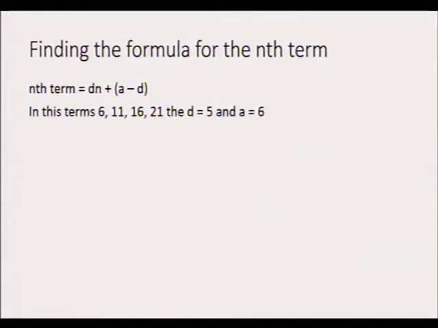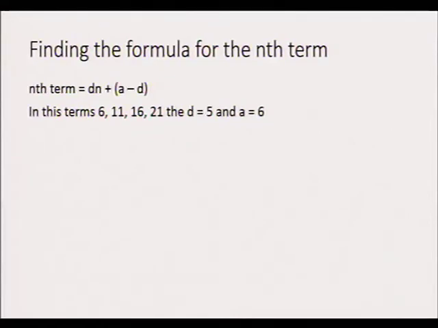So for you to write the nth term, you use the formula dn plus a minus d, and your d is 5. Where did you get the 5 from? It is the number that the previous term is increased by. So if that number is decreasing by 5, then your d will be minus 5.